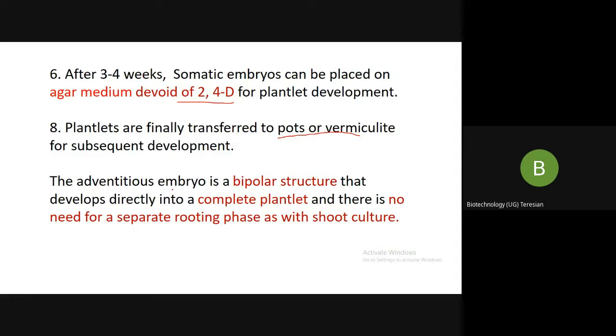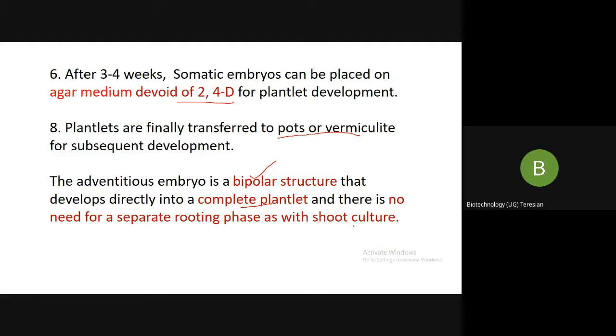The adventitious embryo is a bipolar structure that develops into a complete plantlet, and there is no need for a separate rooting phase as with shoot culture. Whenever you studied the other cultures, what did we say? We first produce the root, then we remove the auxin and add cytokinin so that the root starts developing.